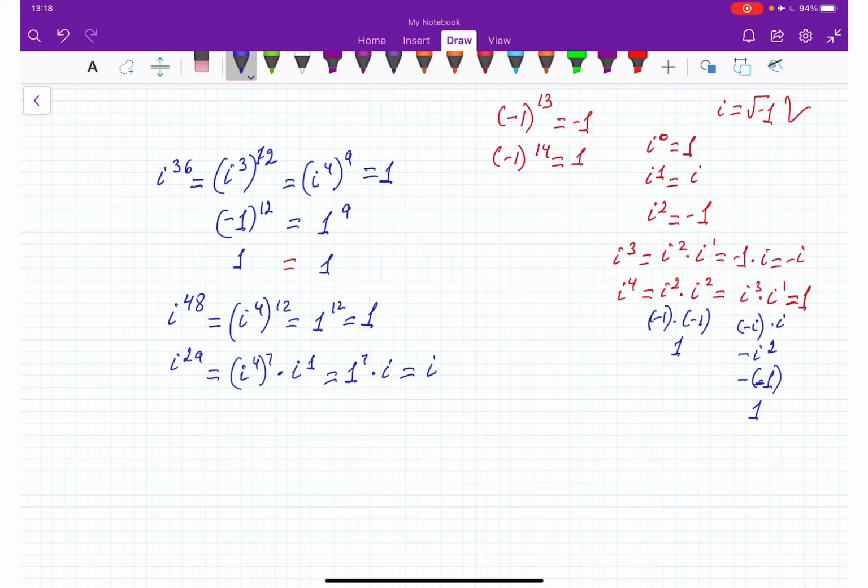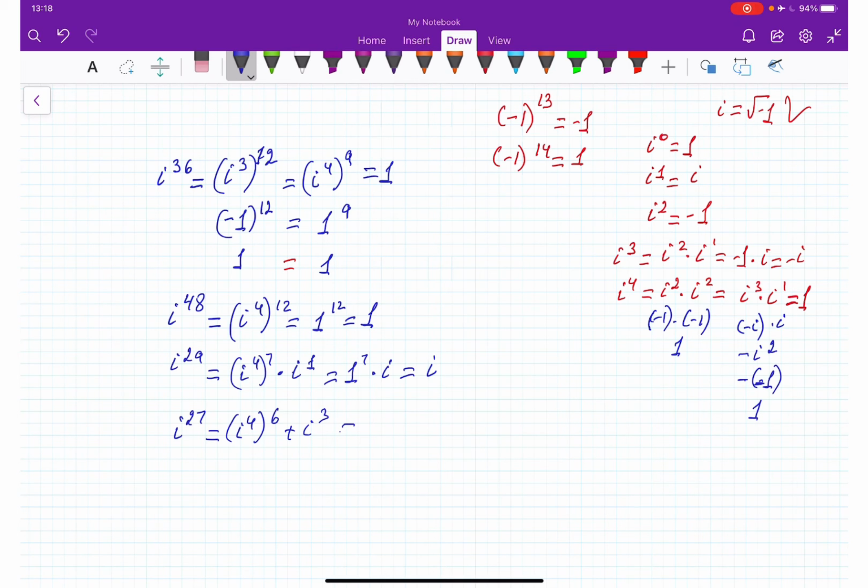Next one, i to the power 27. I can break down i to the power 27. If I go with degree 4, I can write i to the power 4 to the power 6 plus i to the power 3, right?